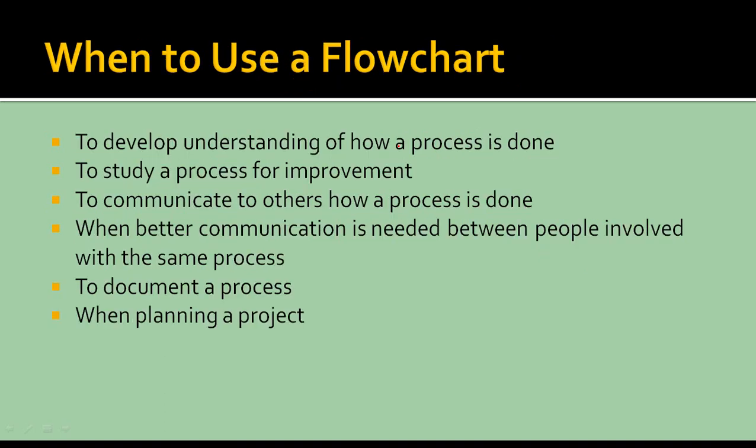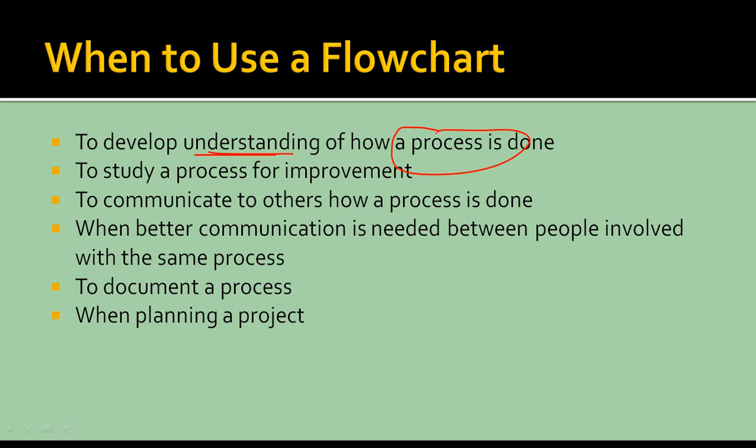Now, when to use a flowchart? A flowchart can be used in team building, or when we are going to write a program with a team, to understand the basic concept. A flowchart helps in understanding how the process is done. If you are going to show a certain person how you are working, you can show him by drawing a flowchart.